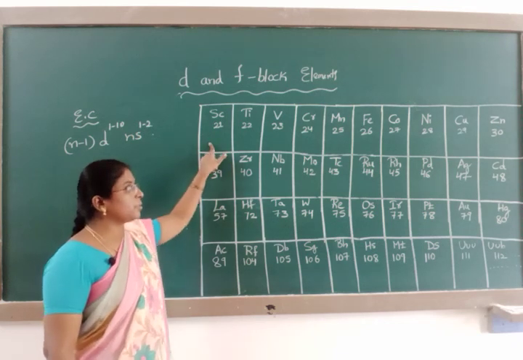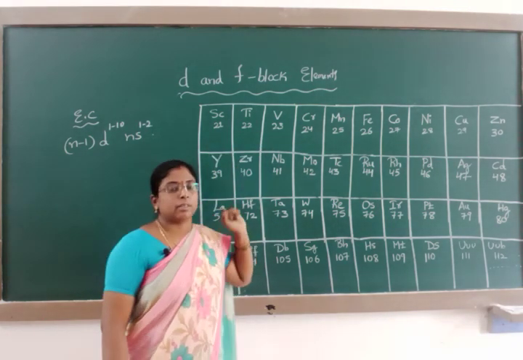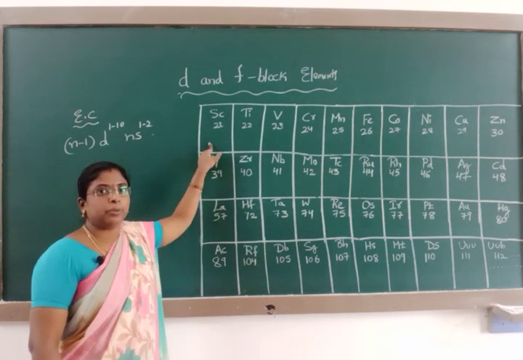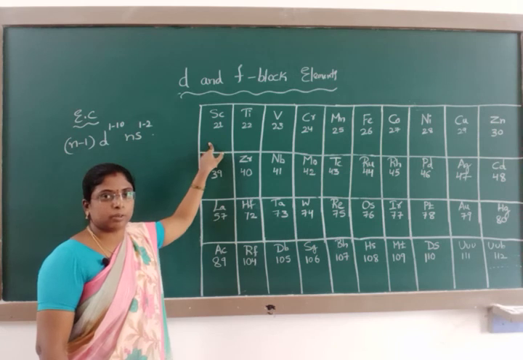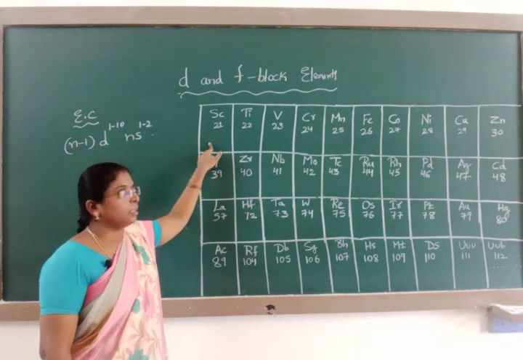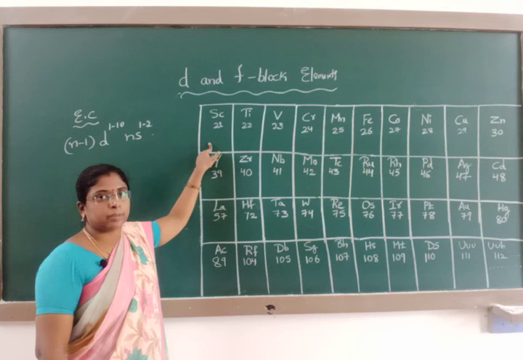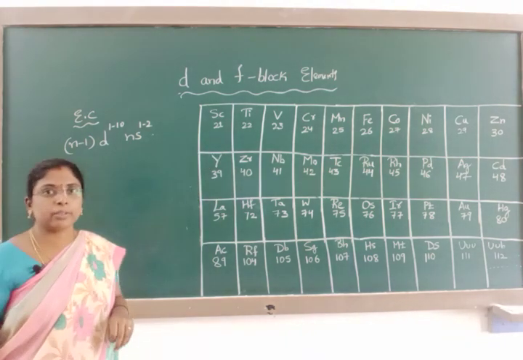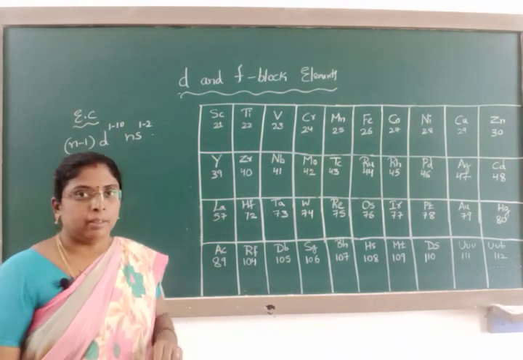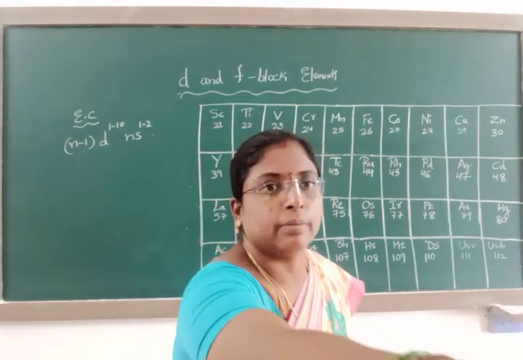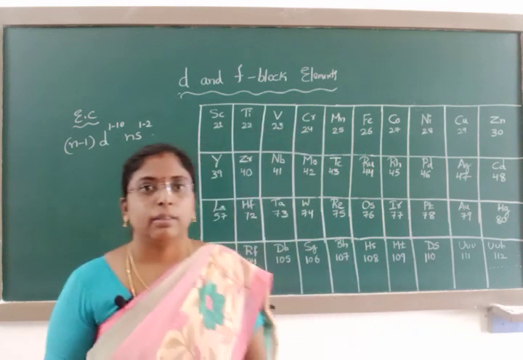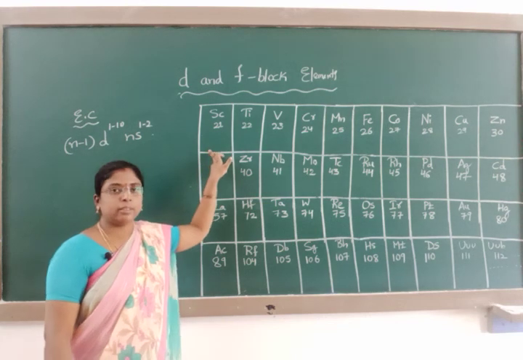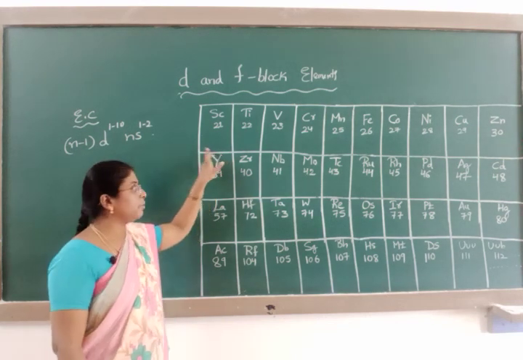The first series is from scandium to zinc, scandium 21 to zinc 30, known as the first transition series. It is known as the 3D series, since the last electron enters into the 3D subshell.